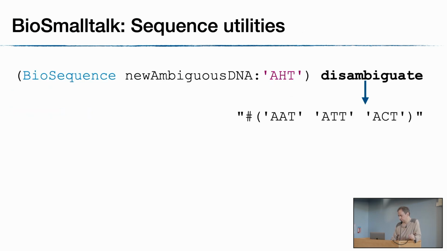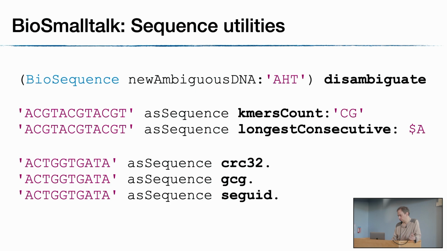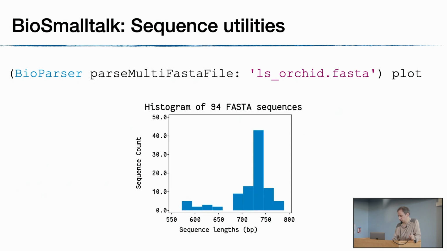Sequence nucleotides could also be ambiguous, because sequencing machines give errors, so for a position you could have different possibilities. We also have algorithms for pattern matching, which count subsequences, and some checksum measures, which are pretty standard in the bioinformatics world.